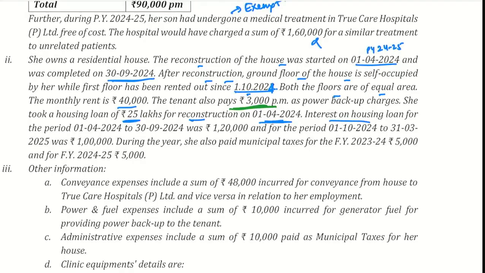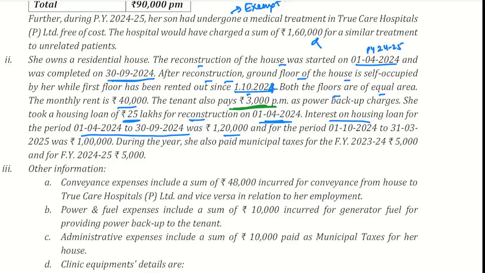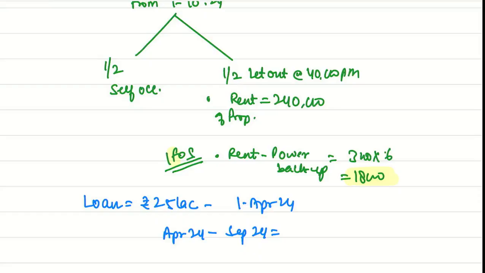Interest on housing loan for the period April 24 till September 24, the interest was 120.